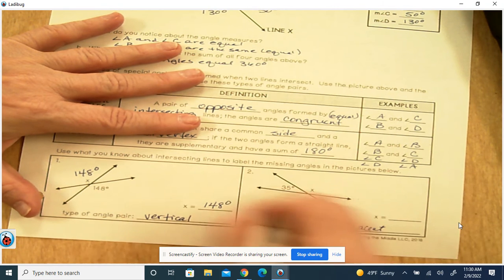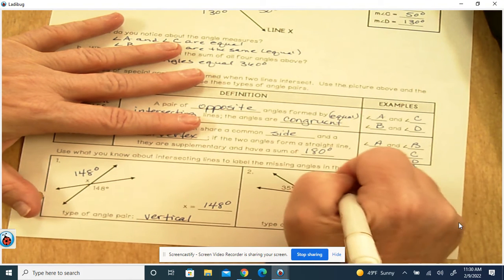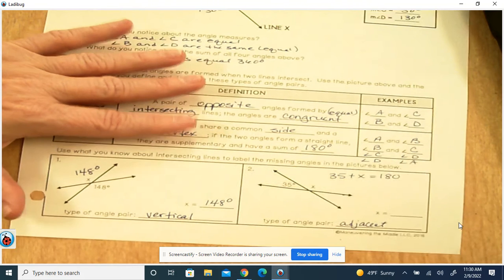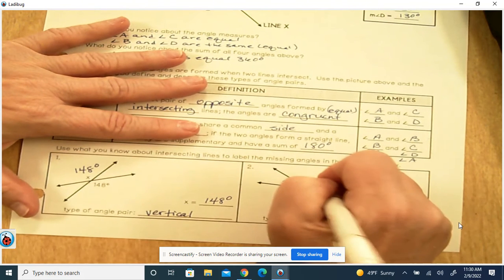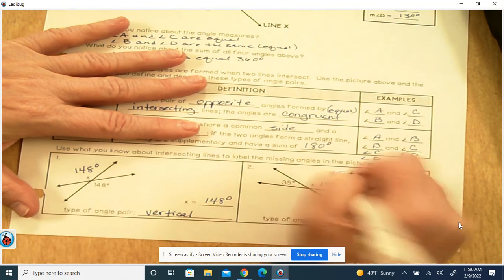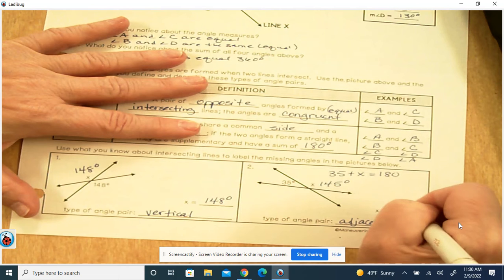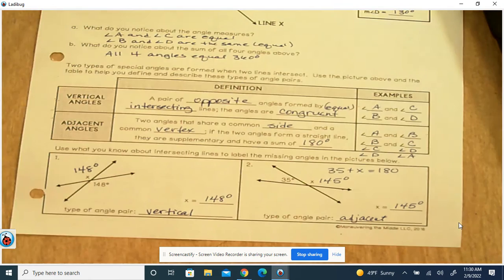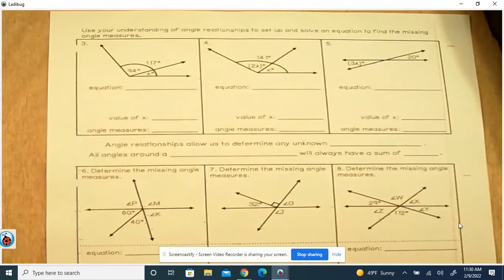These two angles have to equal 180. So that's 35 plus X equals 180. And that angle right there is 145 degrees.